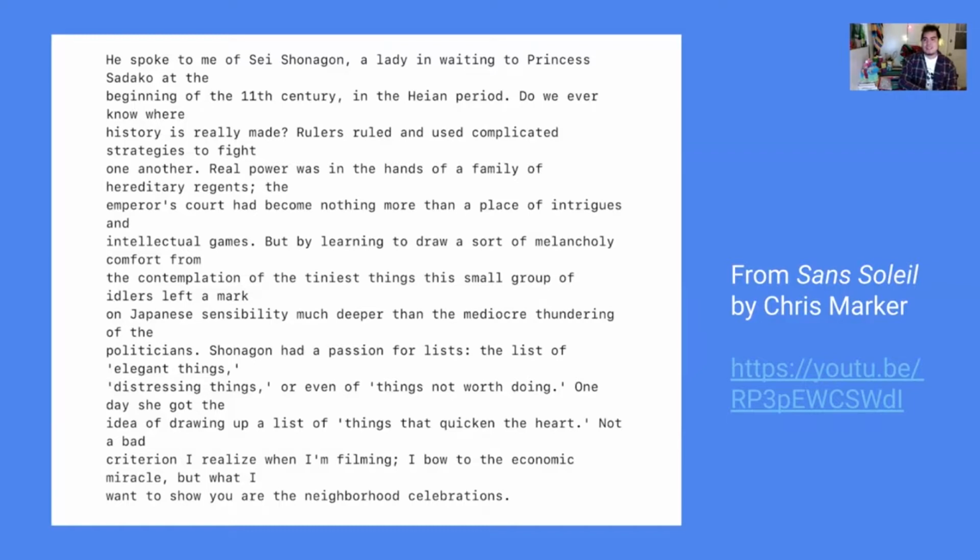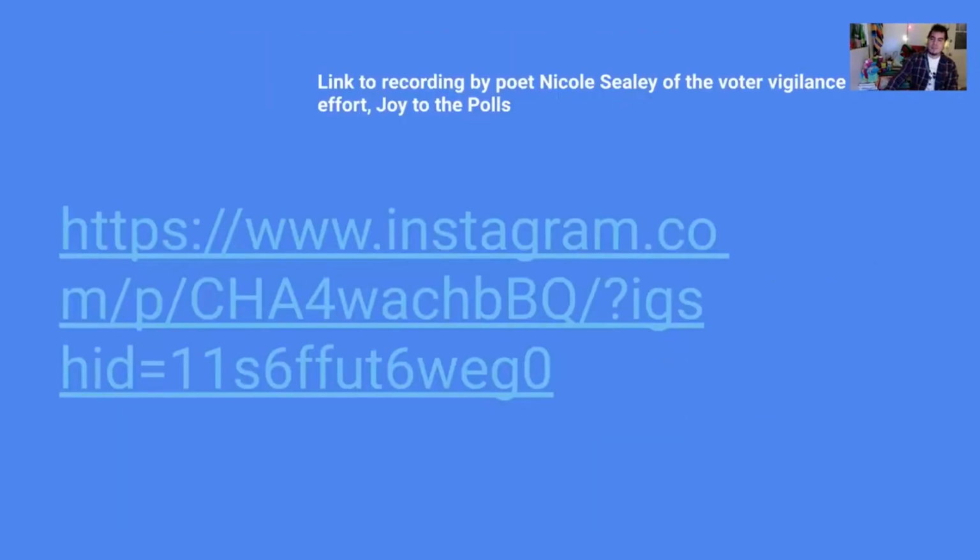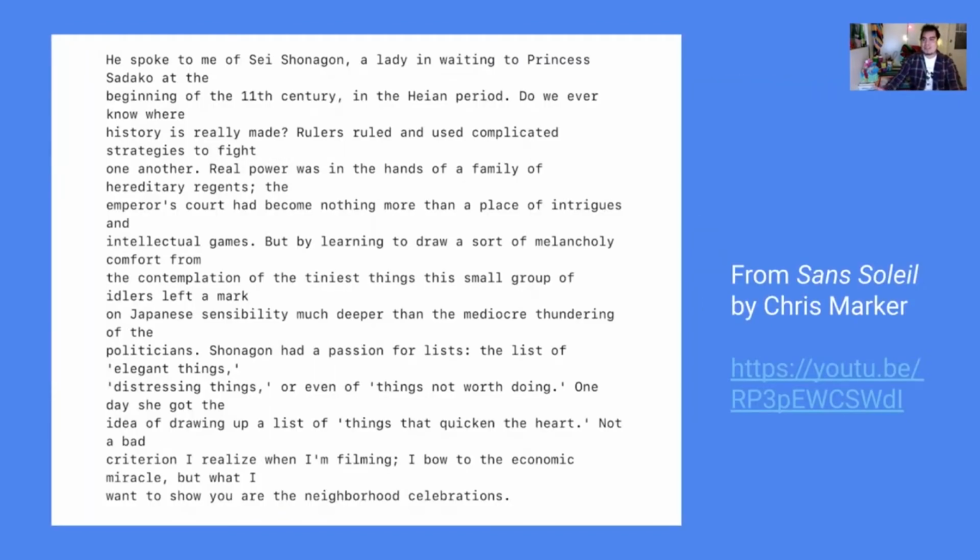And he looks at how it's rapidly creating the future and bridging the present with the future, and dwelling in both. And he has this beautiful line, I bow to the economic miracle, but what I want to show you are the neighborhood celebrations. And I encourage you to watch the film if you have time.